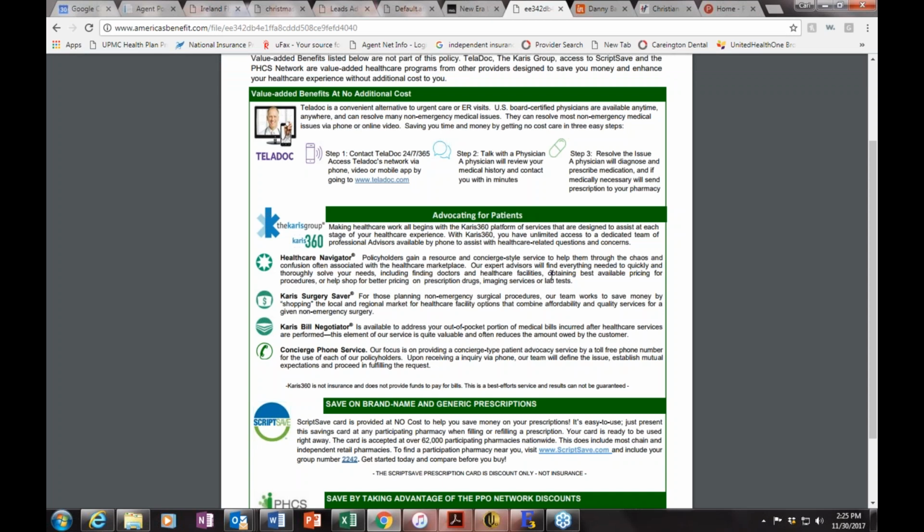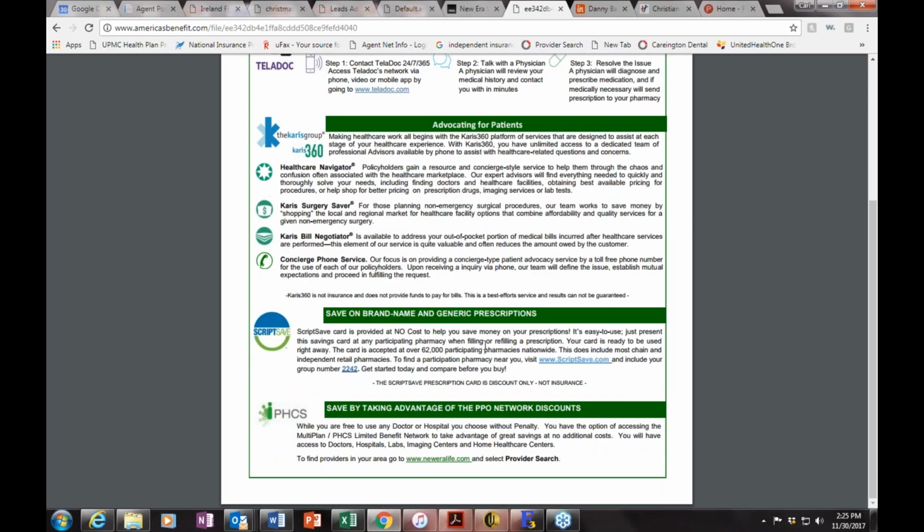And they'll also call around to facilities, say someone wanted to get lab work and they wanted to pay cash for lab work to really get the most out of their plan, the healthcare navigator will look around in their zip code and tell them where the best place to go for their services would be, and they can even schedule them an appointment at that time also.